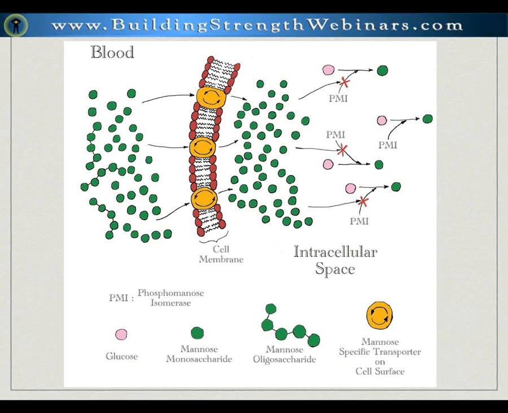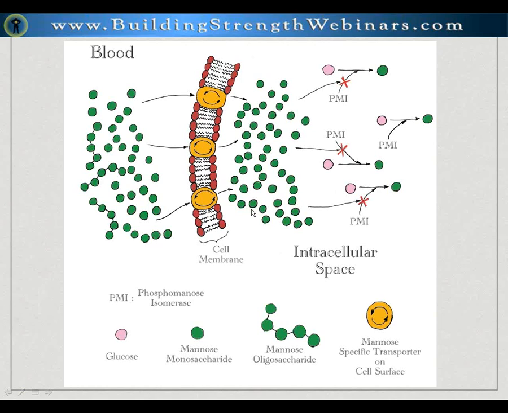monosaccharides and polysaccharides? The other piece of evidence is if you take the polymannans, when they're pumped into the cells, they turn off the enzymes that convert glucose to mannose. And this enzyme is phosphomannose isomerase.